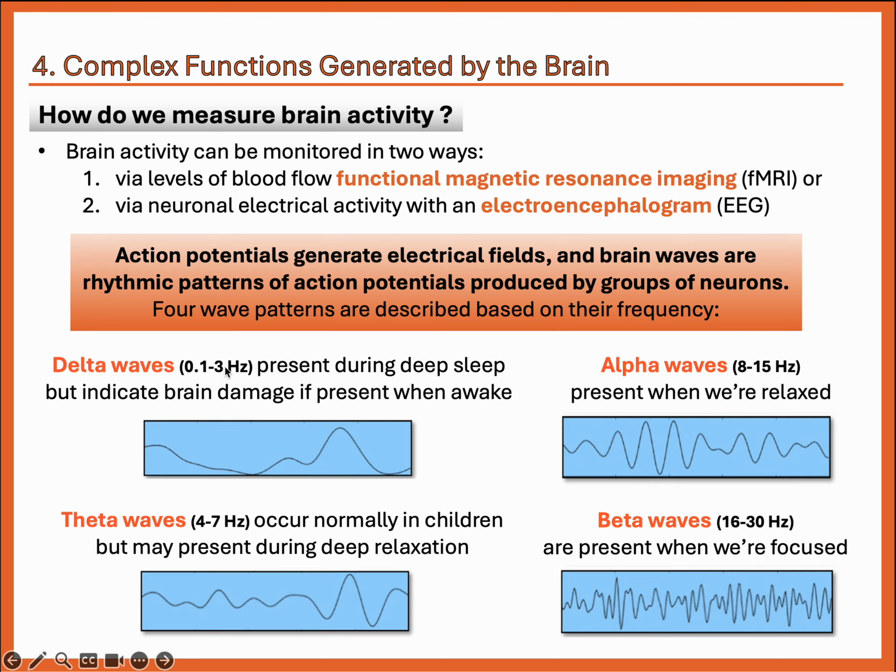Or these delta waves are 0.1 to 3 hertz. Look at how much space is between. The frequency of the waves is very low. There's only a few waves. These are present during deep sleep, but they indicate brain damage if they're present when you're awake, because that means that you're not at the theta or alpha level.